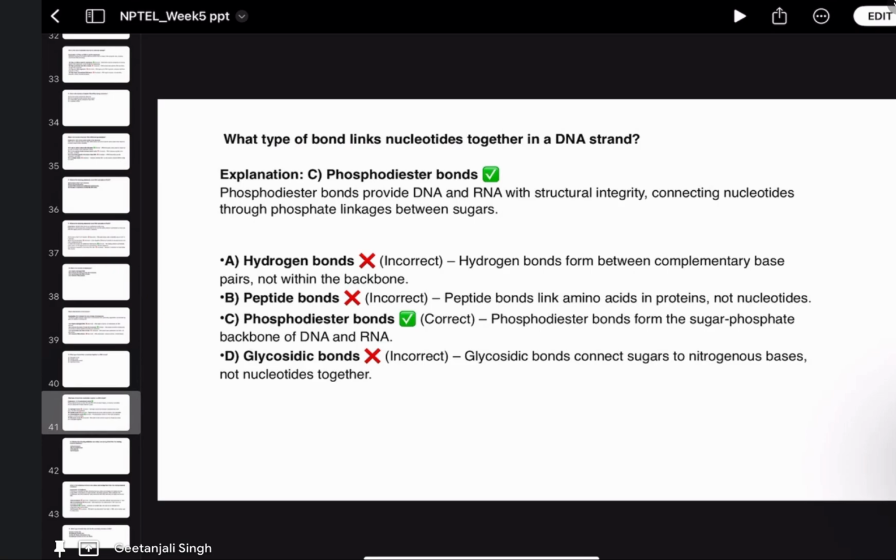So you see the OH from the sugar binds with the phosphate group, and it forms the phosphodiester bond. The hydrogen bonds are between the complementary ATGC nitrogenous bases, and peptide bonds are not there in DNA.